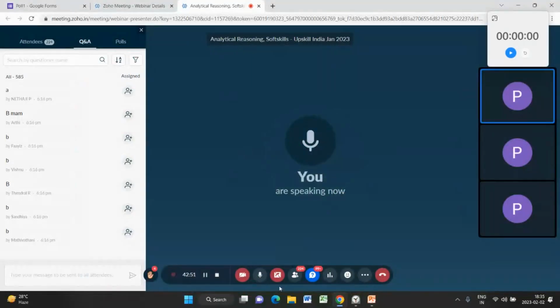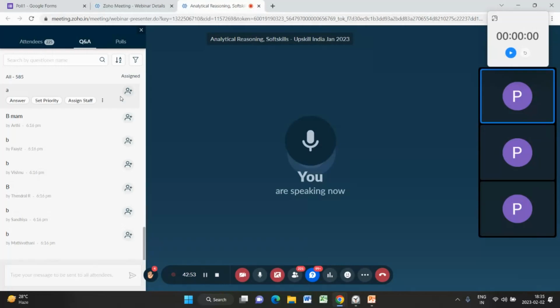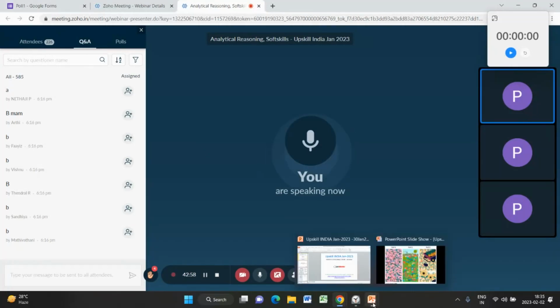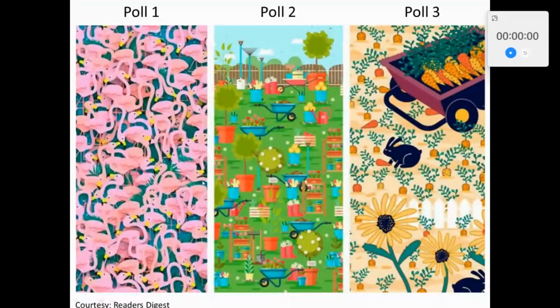On the chat, I will give you one link. In this image, there are some items that are hiding in each of the pictures. I want you to find out what is hiding within each of the pictures, and I want you to answer this. I'll give you one Google form.